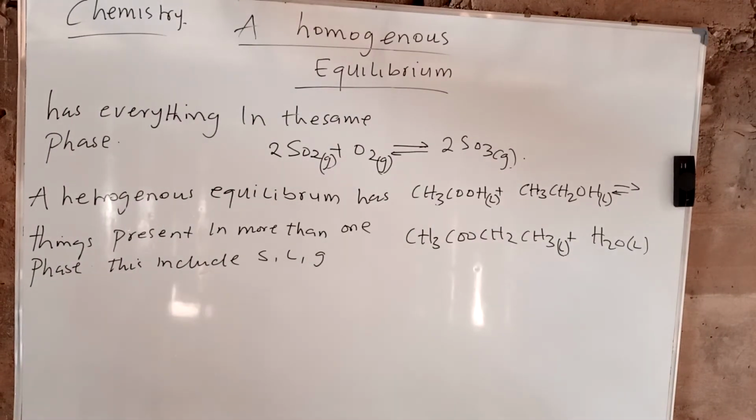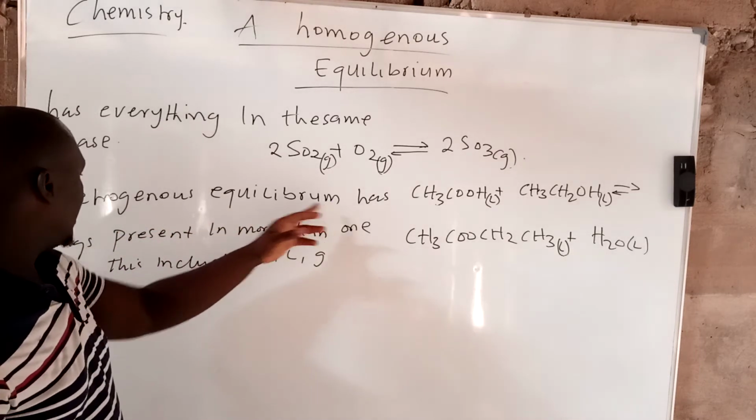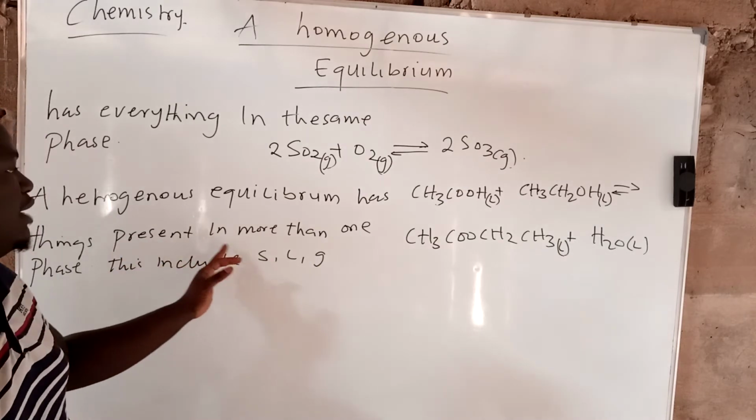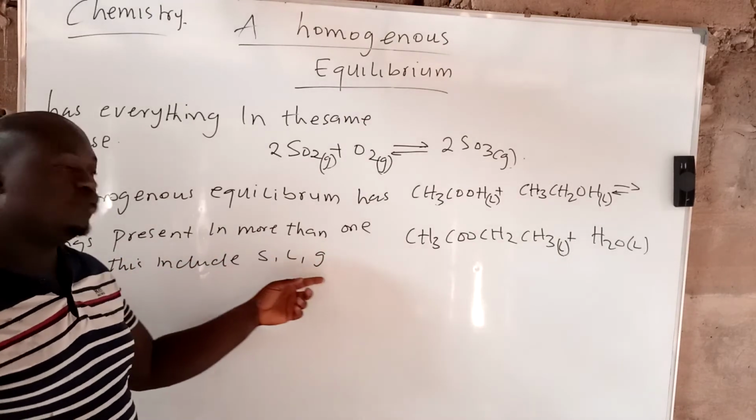Now, in heterogeneous equilibrium, they can never be in the same phase. The reaction can never be in one phase; one of them must be in another phase. A heterogeneous equilibrium has things present in more than one phase, including solid, liquid, and gas.